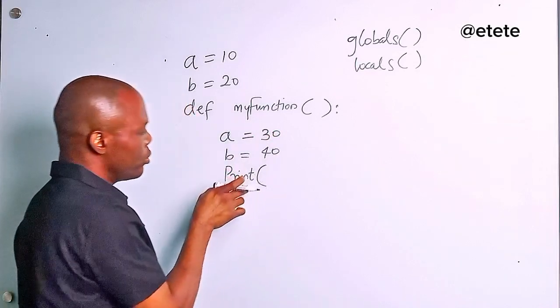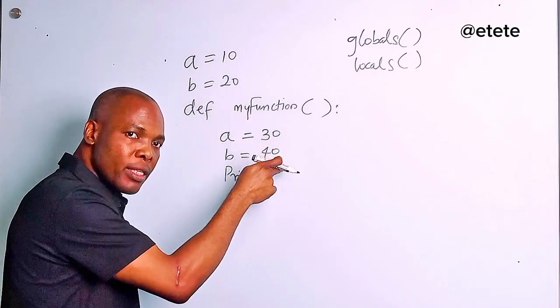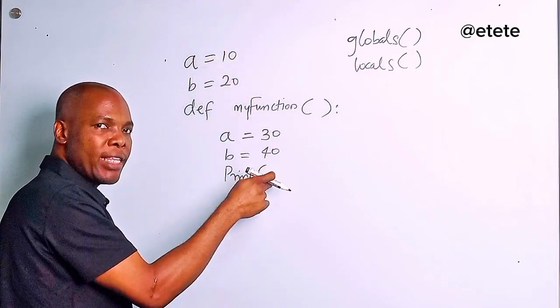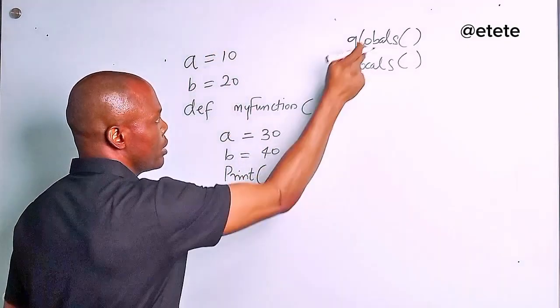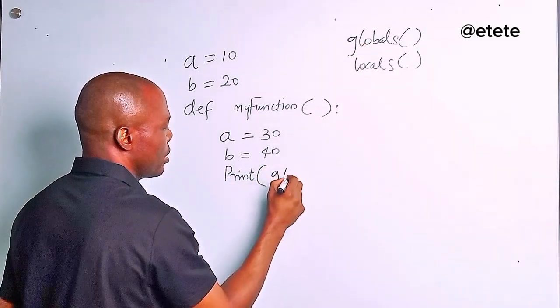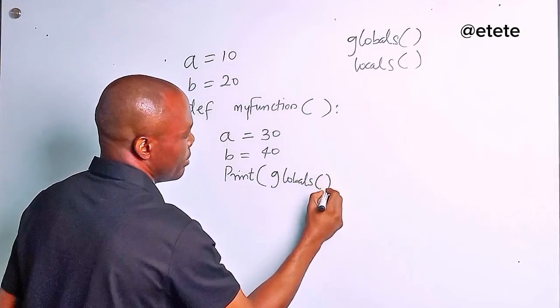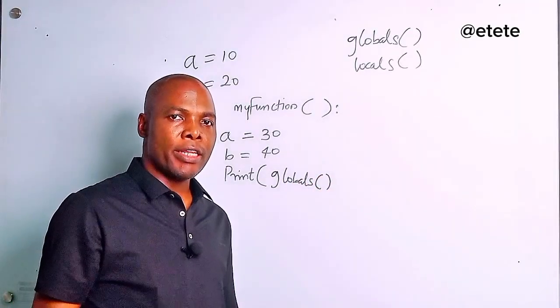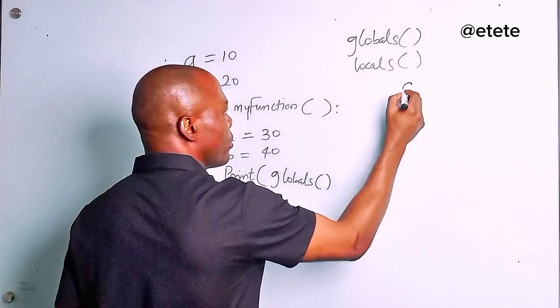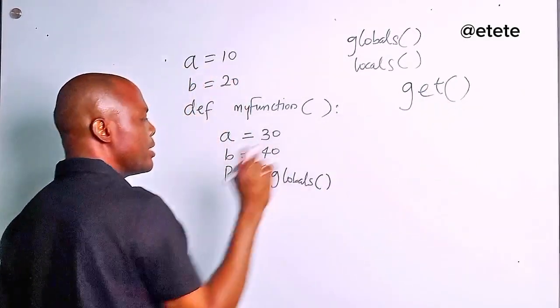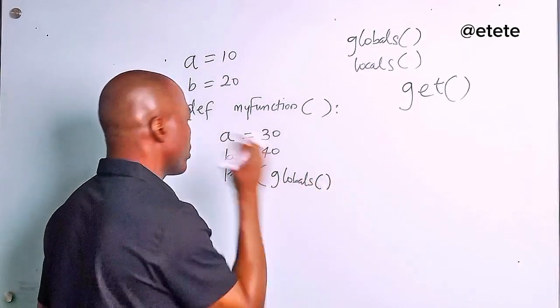So how are you going to do this? I am inside the function, but I want to access this 10 inside this function. So I'm going to call this globals. Now, inside the dictionary, I can use the get method.